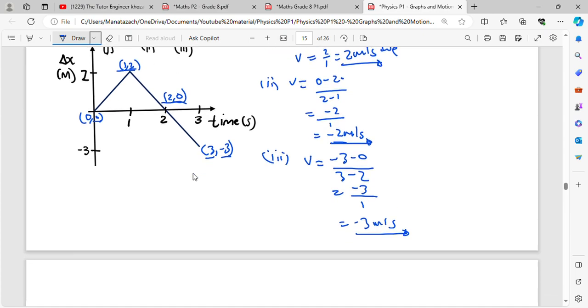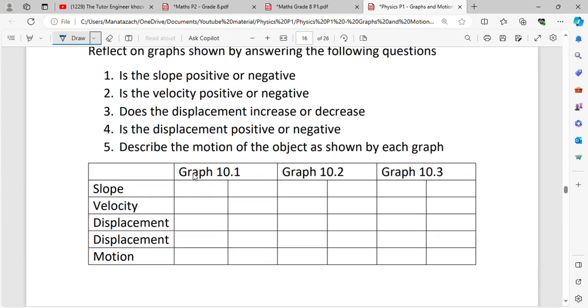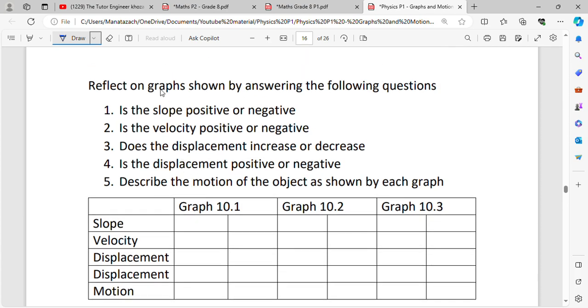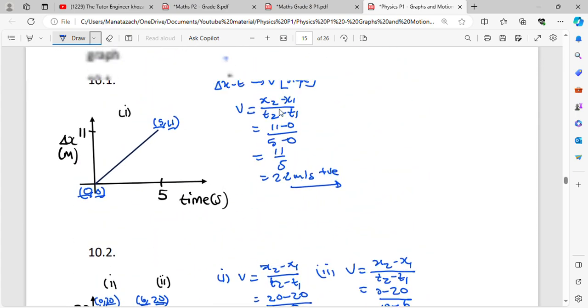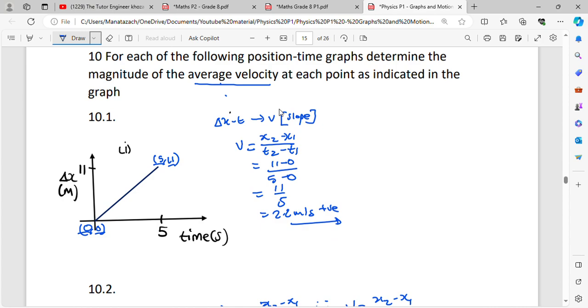Okay, now let's continue to answer these questions. Reflect on the graph shown by answering the following questions. Number 1, is the slope positive or negative for each graph? Remember, we're calculating the slope here. You found a positive answer, so we'll say the slope for this question is positive.